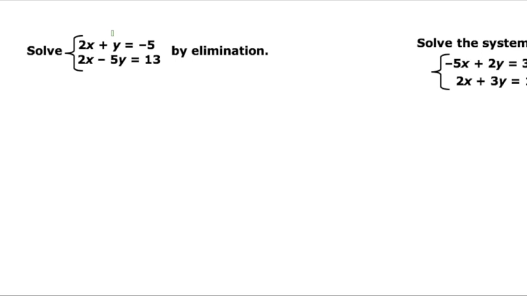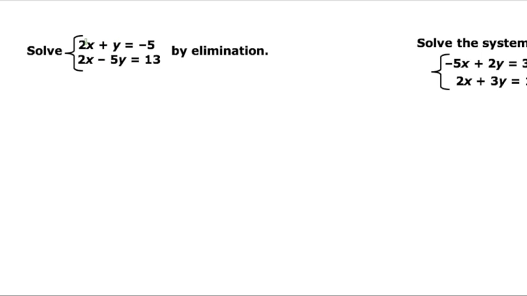So here we have a 2 for this x and a 2 for this x. So these are the exact same coefficient. We just want them to have opposite signs. If you look at the y's, here the y has a coefficient of 1 and the other one's a -5. So they have opposite signs, one's positive, one's negative, but we're missing that coefficient of 5.